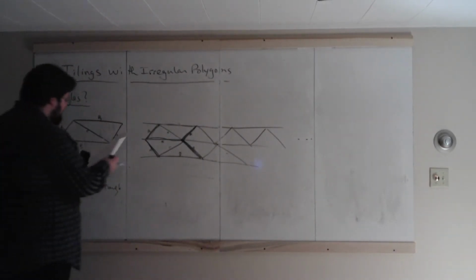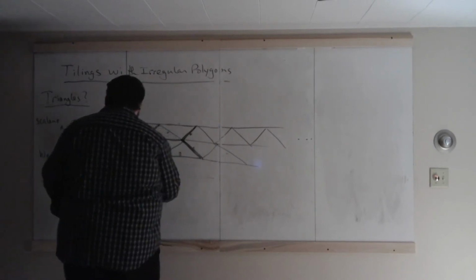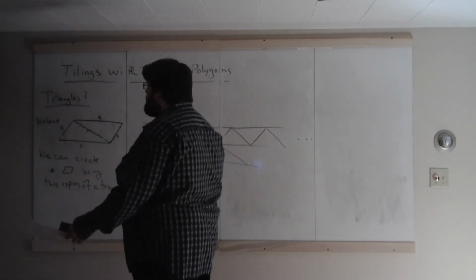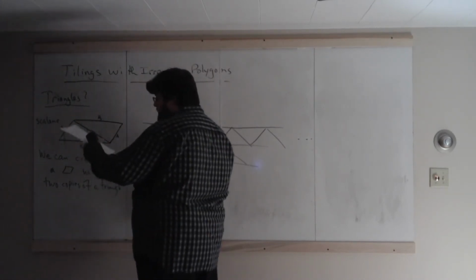So I'll just make a remark. We did it for a scalene triangle. For an isosceles triangle, the argument is the same. Make a parallelogram and fill it in with parallelograms.